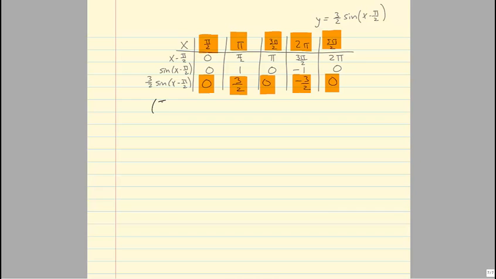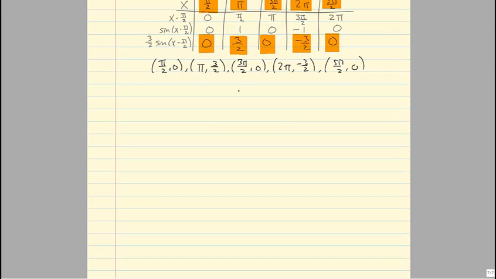Now remember, when I graph this, I have to make sure I have enough room to do the reciprocal, so I have room to flip this up.